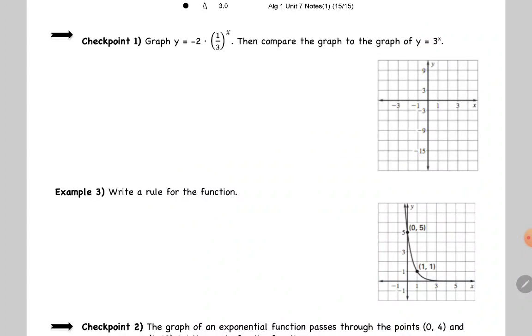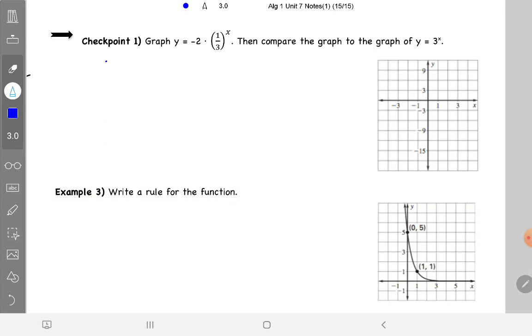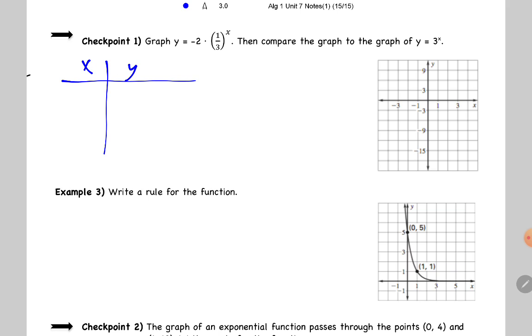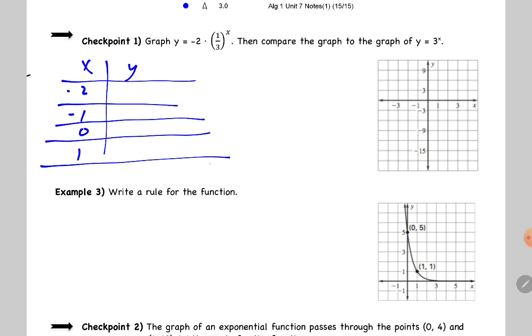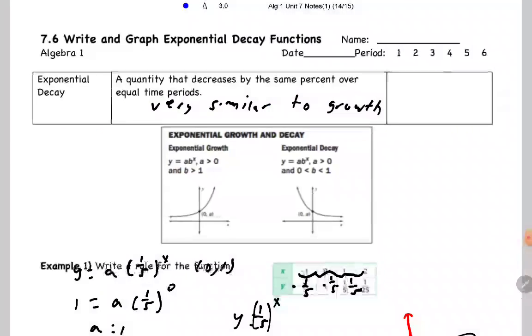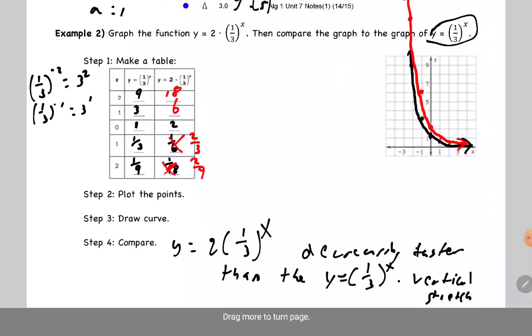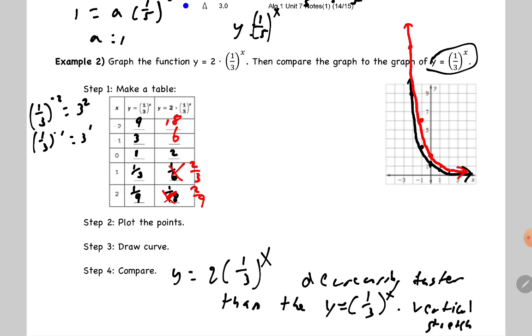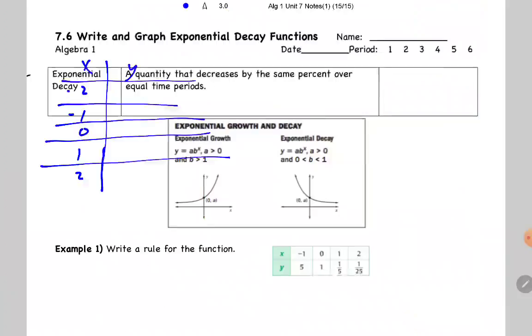All right, let us graph some more. So this is going to be the blue one. x, y, -2, -1, 0, 1, 2. We're going to take these numbers here, because we still have 1/3 to the x, but instead of multiplying by +2, we're going to multiply by -2.